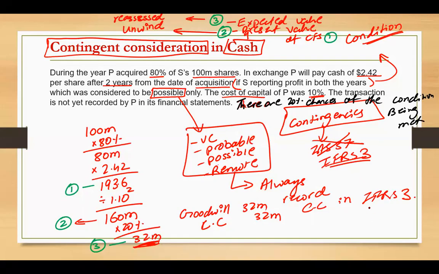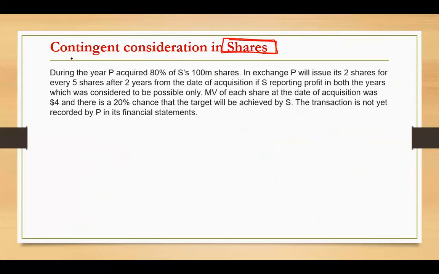Okay. So now let's discuss what if the contingent consideration was in the form of shares. The question says during the year parent acquired 80% of subsidiary's 100 million shares. So 100 million shares into 80% is going to be 80 million shares of subsidiary.